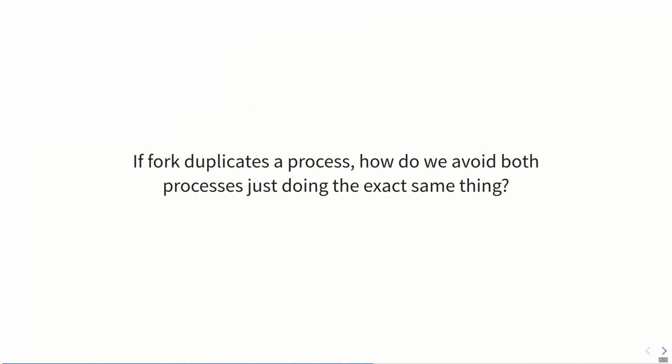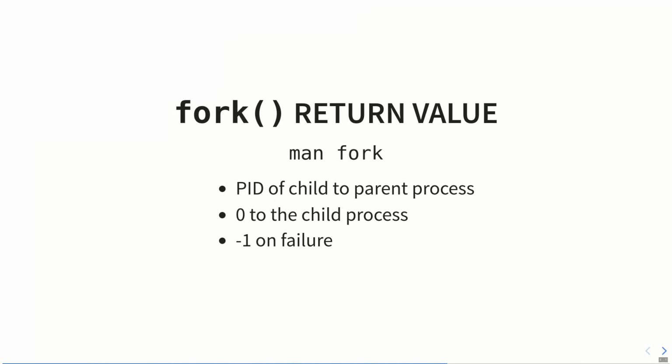Yeah? Get the process ID of the child and the parent. Exactly, that's right. So the trick is that where you can detect a difference between the two processes is that the return value of fork, cleverly, returns something different depending on whether it's the parent or the child. If this didn't happen, you'd have no signal to tell you I'm the parent process versus I'm the child process.